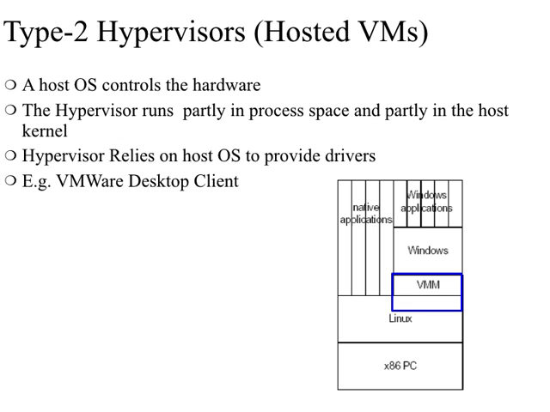There are also other hypervisors called type 2 hypervisors or hosted virtual machines. Here our goal is to make the hypervisor simple. So one way to do that is to utilize an existing operating system as a host operating system.